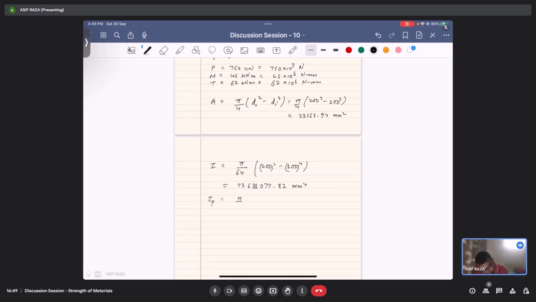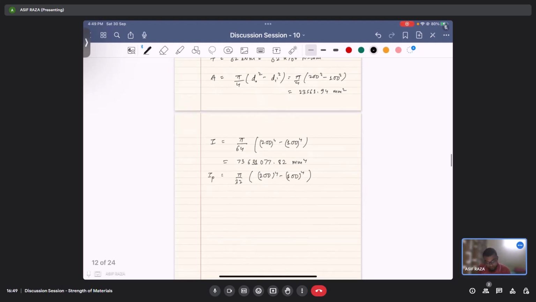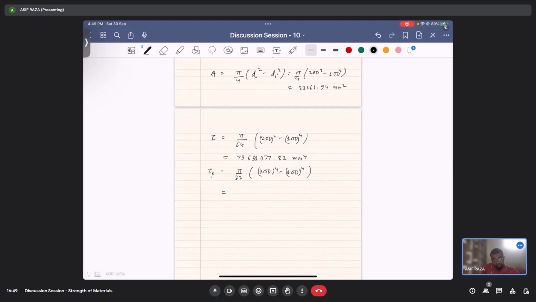IP would be pi by 32, same thing, right? But just double of this, so twice of this will come out to be 147,262,155.64 mm to the power 4.